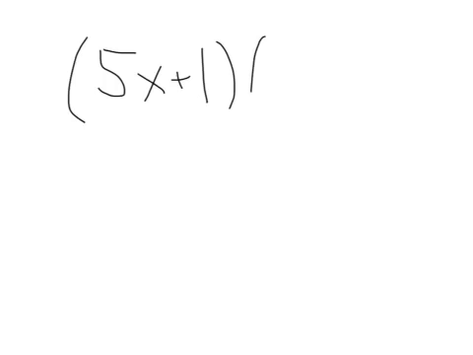So let's see how it's different. It's different because we have our 5x plus 1. Instead of multiplying it by one number, we're going to multiply it by two terms, multiplied by another 5x plus 1.